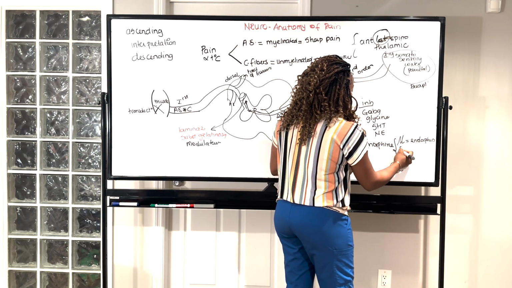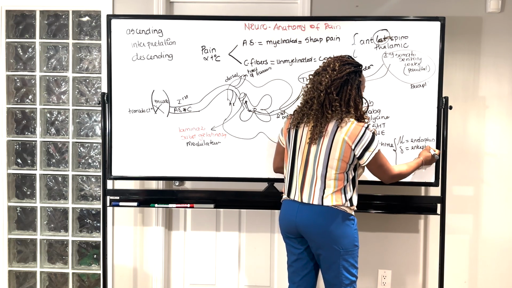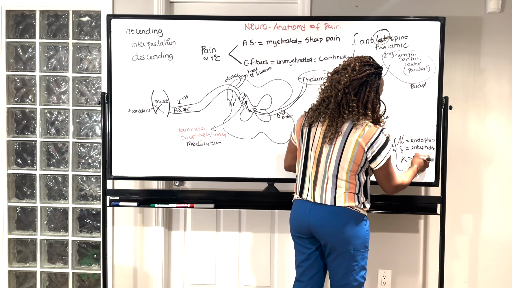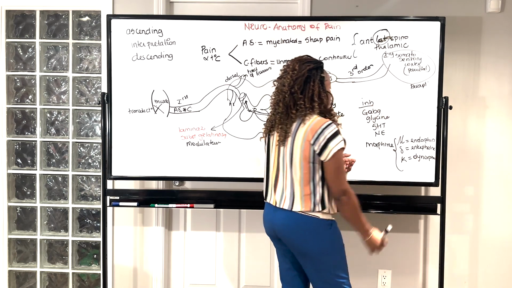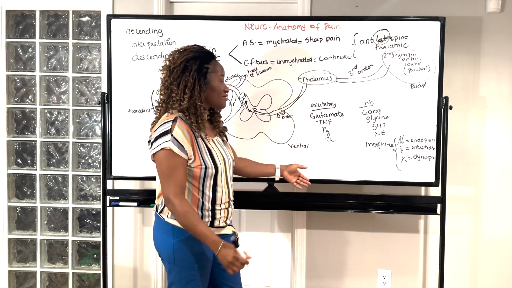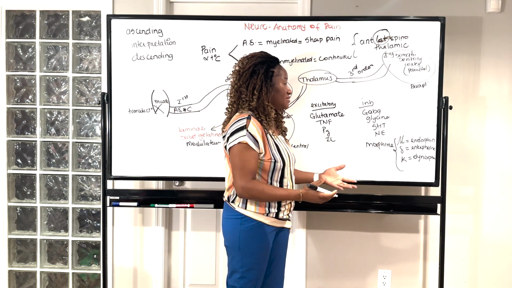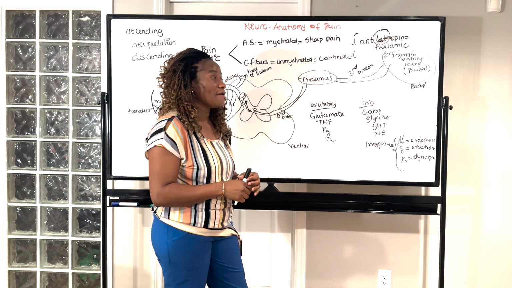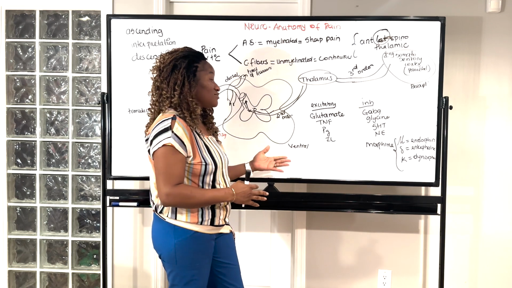We have the delta, which acts on the enkephalin. And we have the kappa, which acts on the dynorphins. So it's important as well to know these receptors, because later on we're going to see different medicines that act on different receptors, and different receptors are giving different side effects of the same drug morphine.